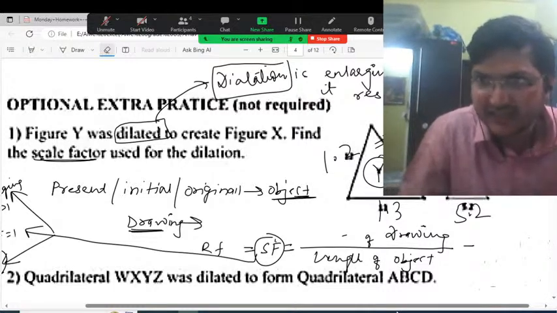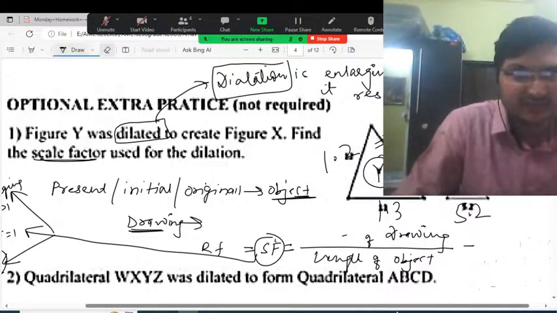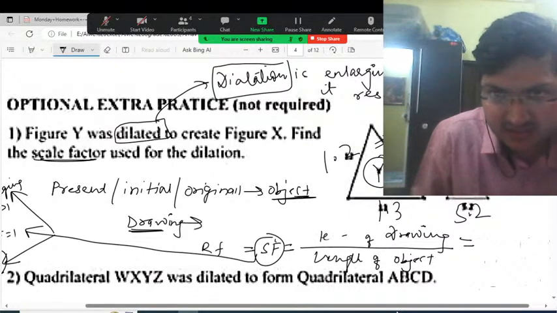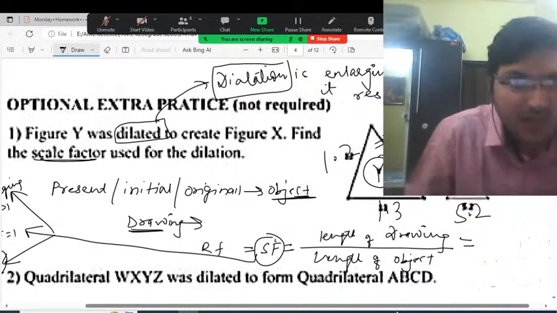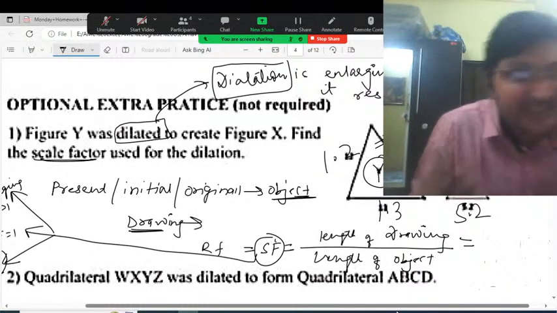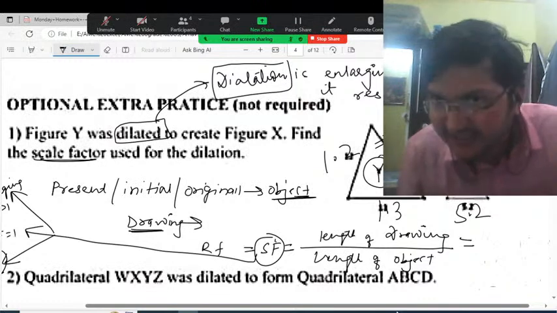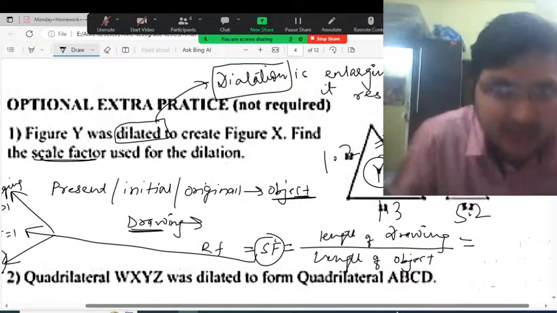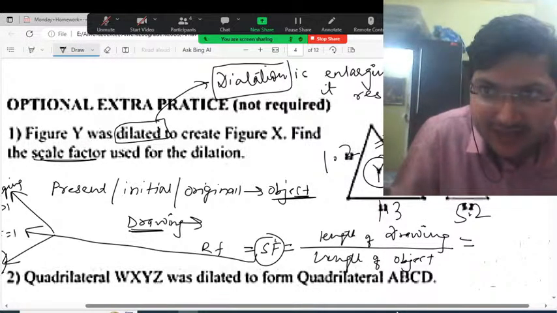The dilated figure is actually the second one. That's why it is coming out to be less than 1. See, figure Y was dilated to create figure X. That means Y is your object, your original figure. Now you are getting the drawing.